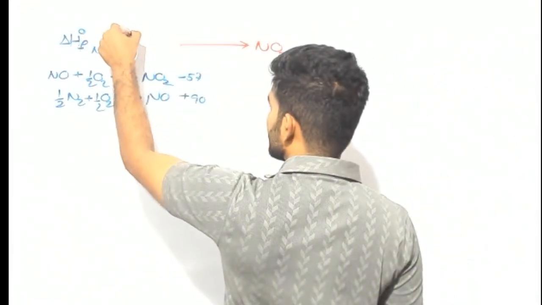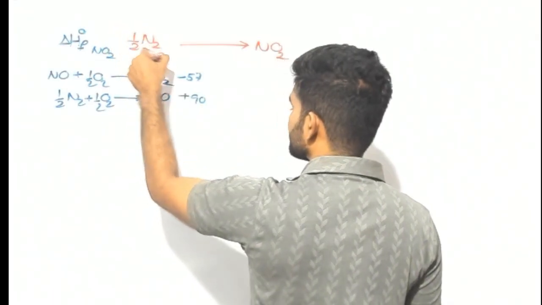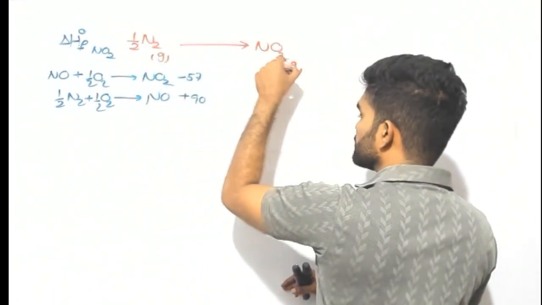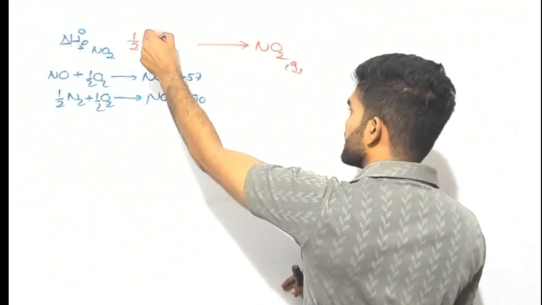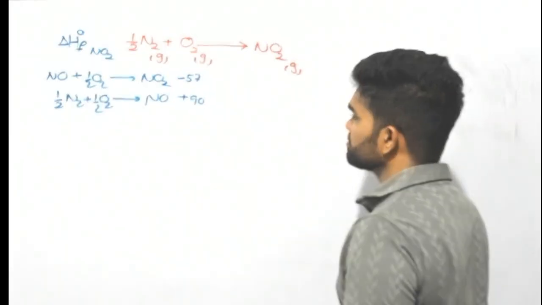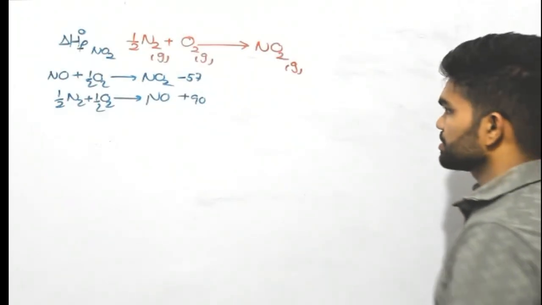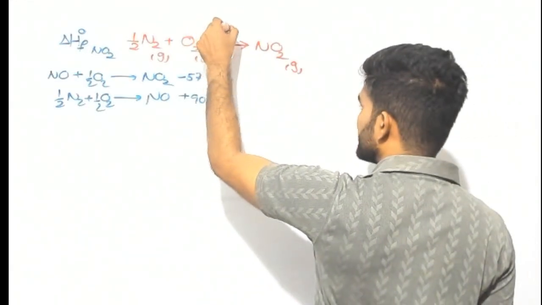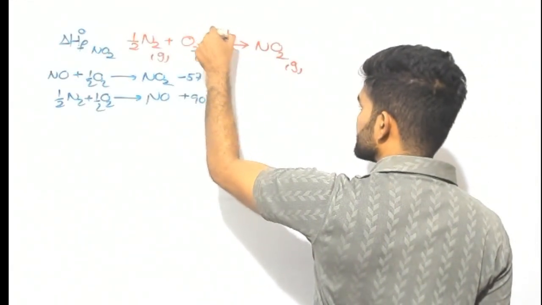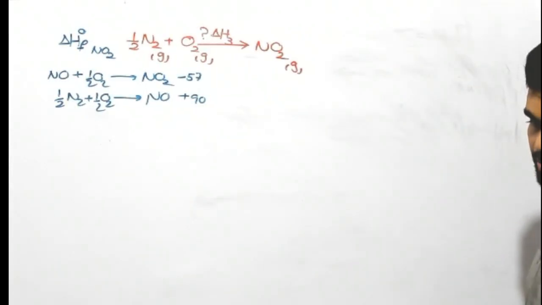We need one nitrogen atom, but the reference form of nitrogen is N2 gas. So you are taking half N2 gas, and then full O2 gas. This is the formation enthalpy of NO2, the enthalpy change that we need to find. Let's label it as delta H3.